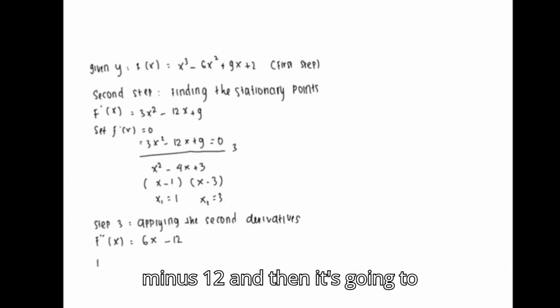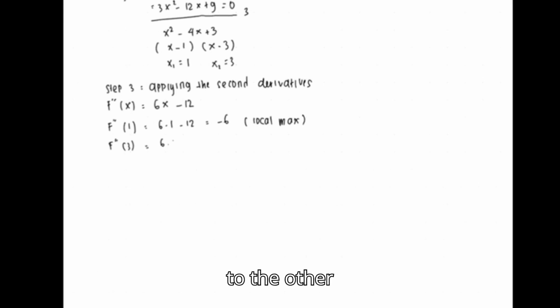The second derivative is 6x minus 12. Then 6 times 1 minus 12 is minus 6, a local maximum. And then for the other, x equals 3: 6 times 3 minus 12 is 6, so it's a local minimum.